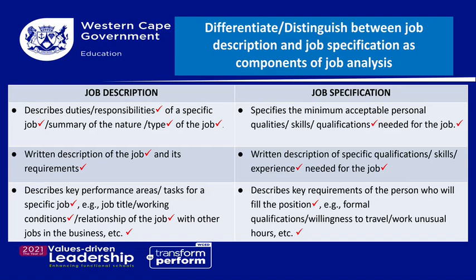Right. Another one, written description of the job and its requirements. And under job specification, you get written description of specific qualifications and experience needed for the job. Now guys, any of those 2 bullet points would be good for 8 marks. But because we are splitting papers up, we have a limited amount of marks to work with.